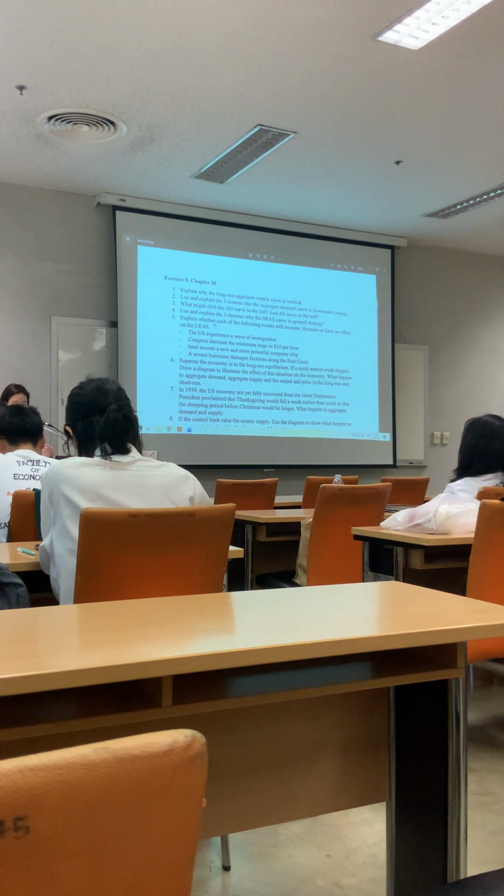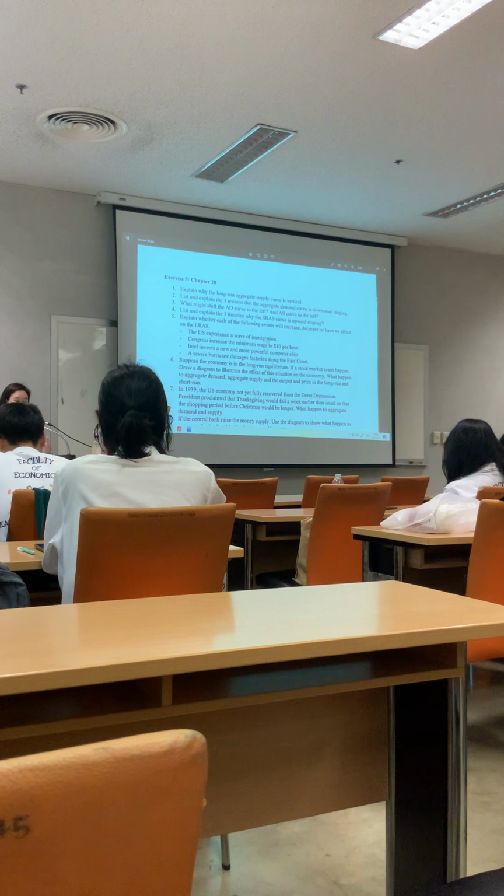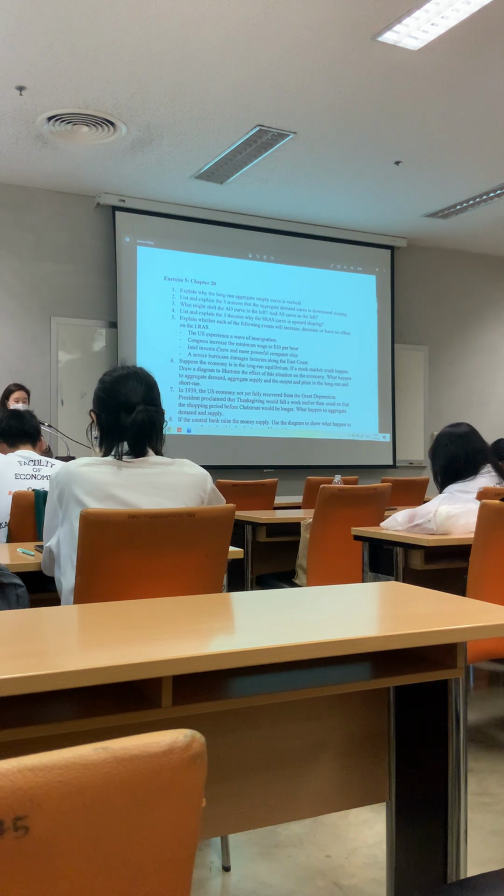So you just put a slash on and say that it can be SRAS as well. But the aim of this question is just to let you see the situation and analyze by yourself whether the AS curve should be increased or reduced. It's not clear whether it's long run or short run, but just practice yourself whether you will shift AS rightward or leftward.